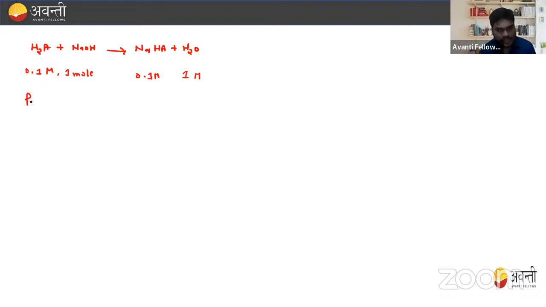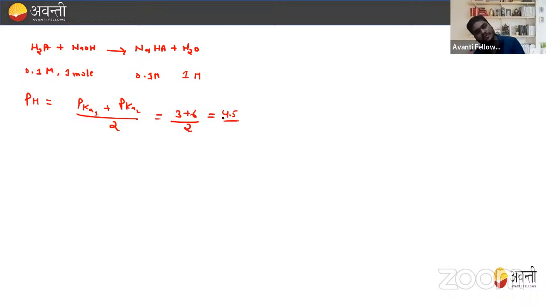Now we have to calculate the pH. So pH is equal to what? That is (pKa1 plus pKa2) divided by 2. So we get (3 plus 6) divided by 2, that is equal to 4.5. Right? 4.5. This is for the first case.